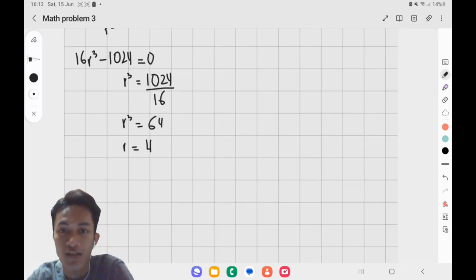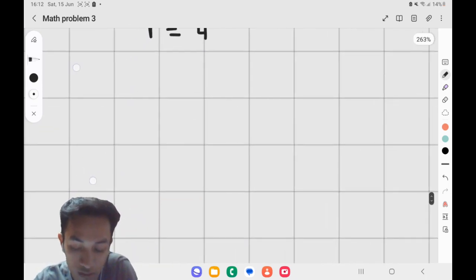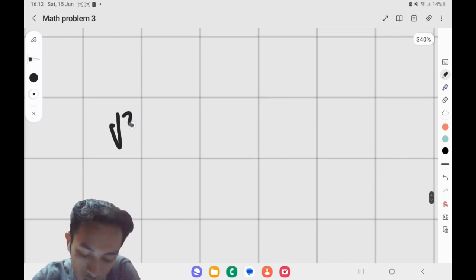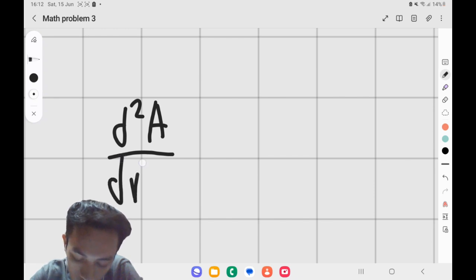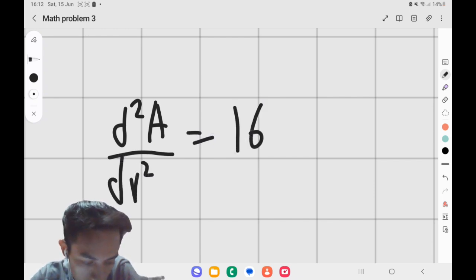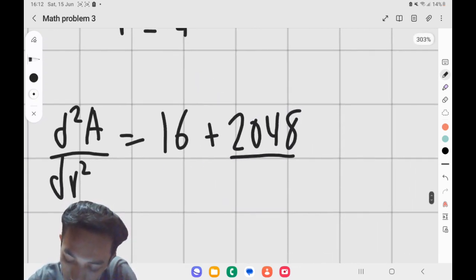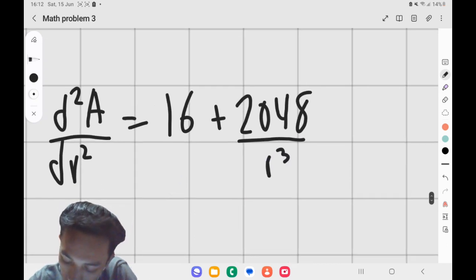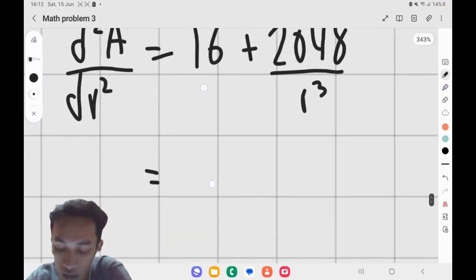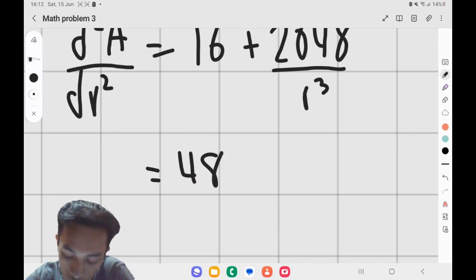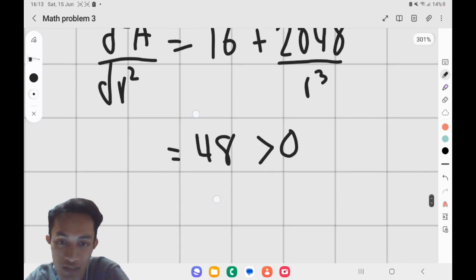Next, to confirm whether this r value is minimum or maximum, we need to find the second derivative. So d2A over dr square, we got 16 plus 2048 over r cube. So after we substitute the r value, which is 4, we will get the final answer, which is 48. Thus 48 is greater than 0, then this is the minimum value.